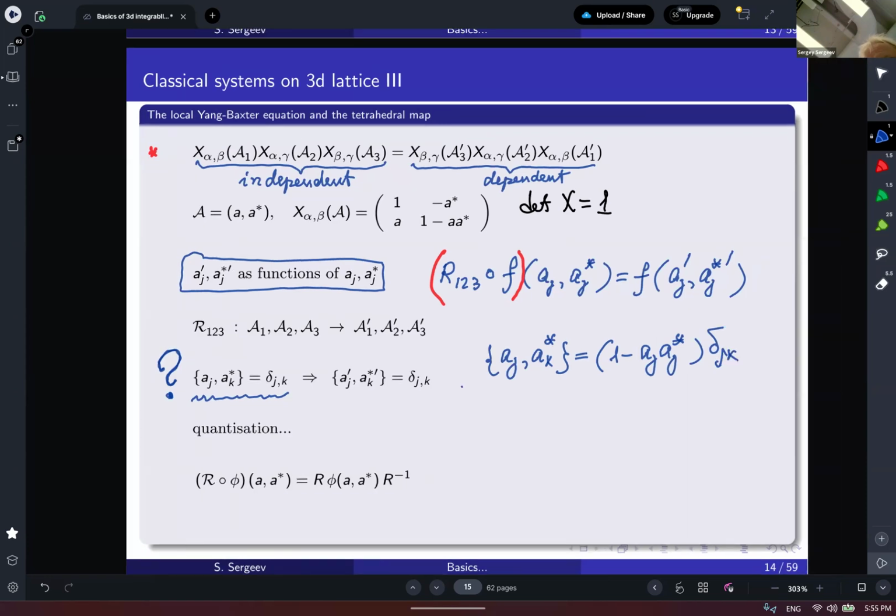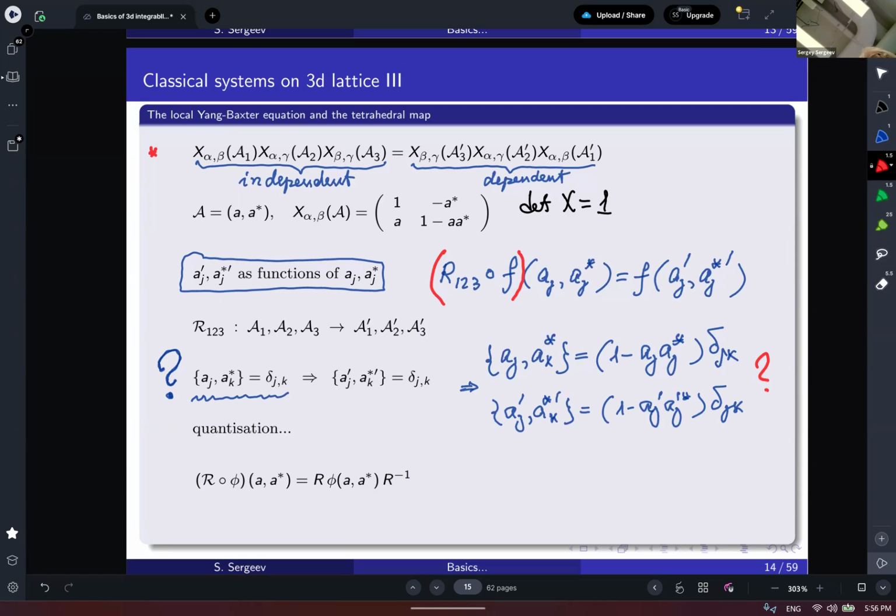And then as a result, you will have the same Poisson brackets for primed variables. And here, big question mark. I simply don't remember which Poisson bracket is correct for this particular case. Maybe both of them. I'm not sure.